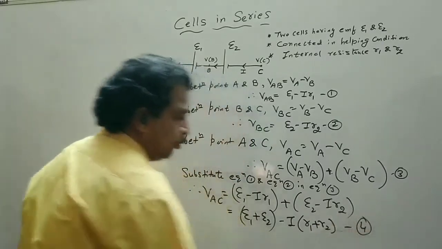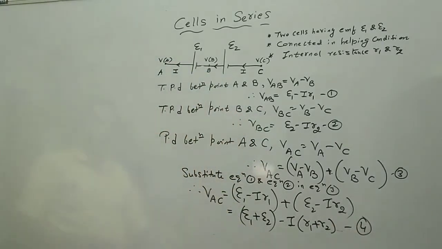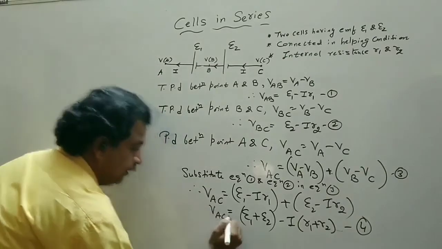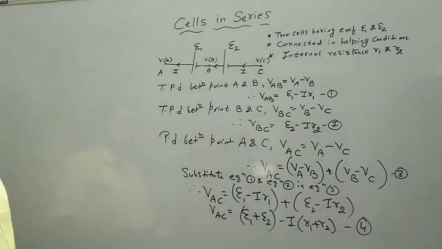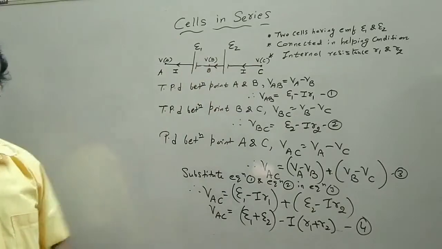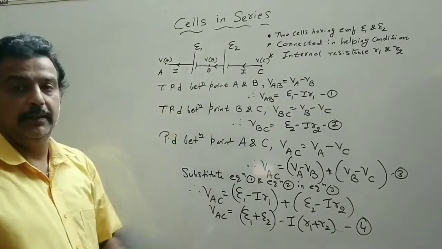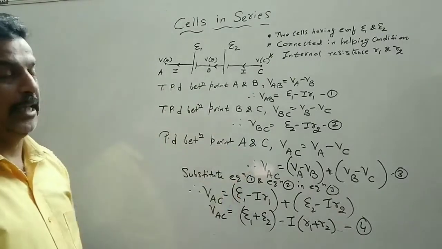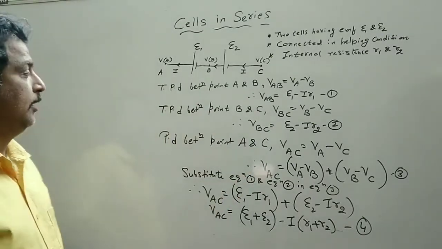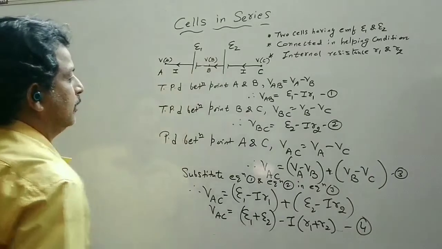Let this be equation number 4. So this is the potential difference between point A and C.